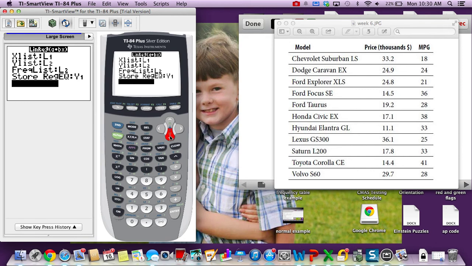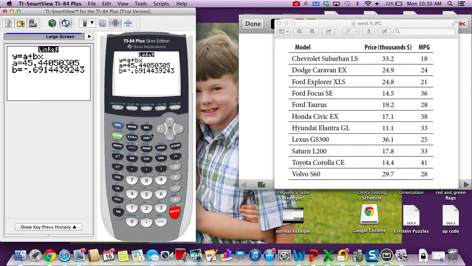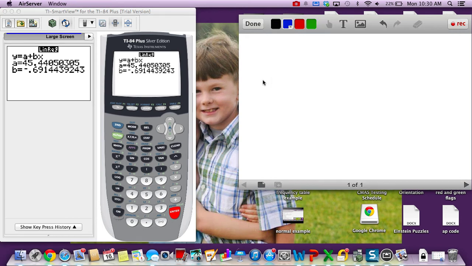Now, if your calculator doesn't do this, I'll show you how to store it in Y1. My equation here is 45.44 minus 0.69x. If you have a calculator other than the 84 plus silver and don't have that store ability easily, you would just write these down.